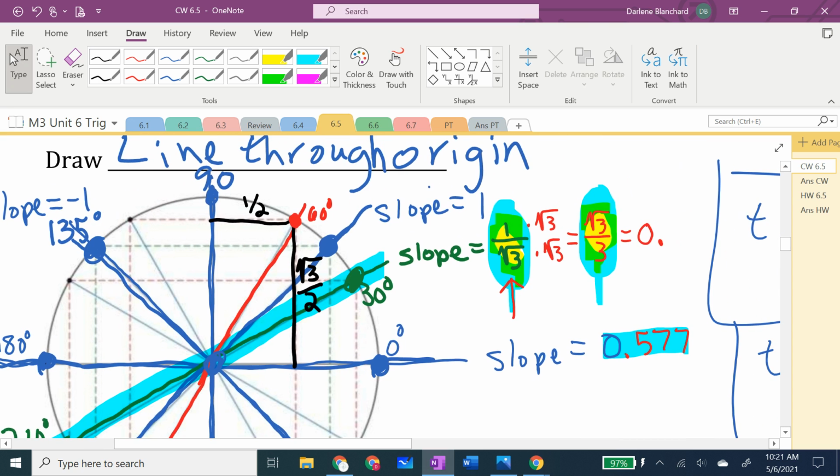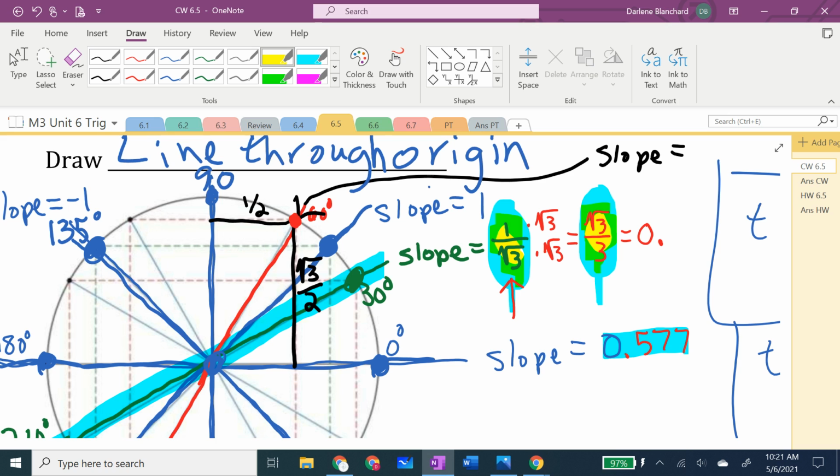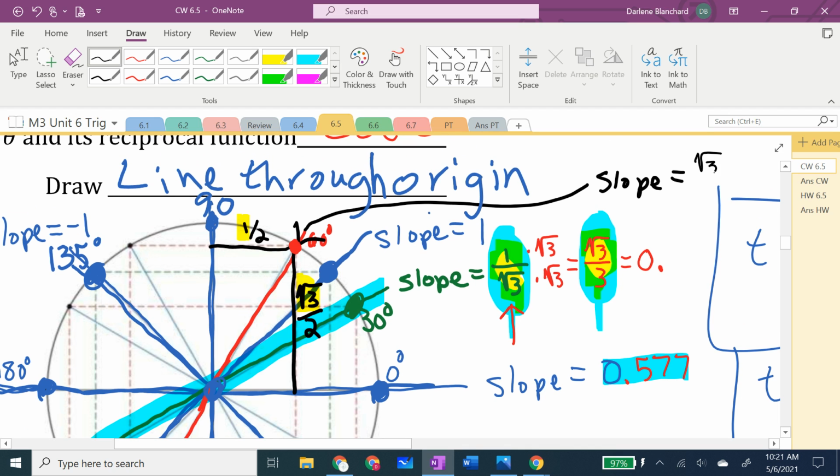Slope is rise over run. I'm just looking at it as a ratio, so it'd be easier to take the ratio root 3 over 1, which is just plain old root 3. And now I have an important question for you. Is the square root of 3 bigger than 1 or smaller than 1?